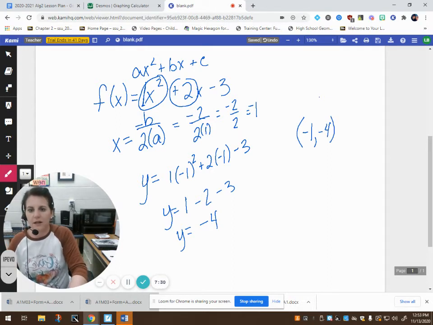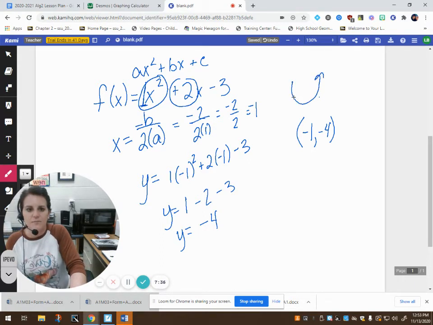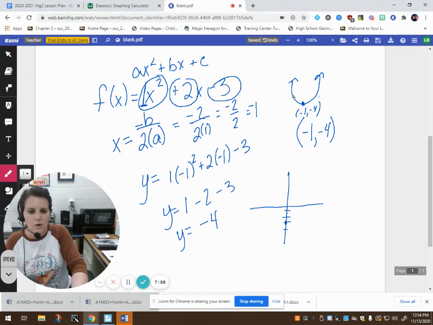So again, we know several things already about our graph. We know now that it's a happy face by looking at the a. We know the coordinates of this vertex are down here at negative 1, negative 4. And we also know that it crosses the y-axis at negative 3. So think about this graphically. We've got negative 1, negative 2, negative 3. There's my y-intercept, negative 4, negative 1. So this is going to go here.